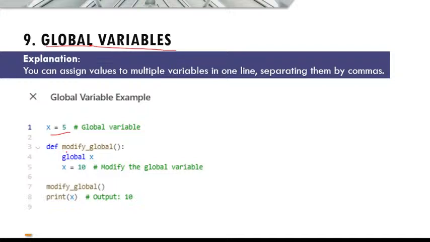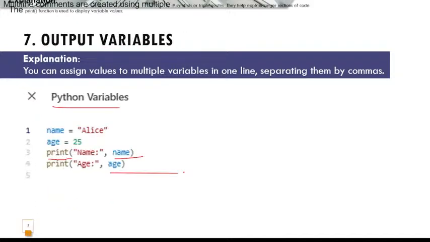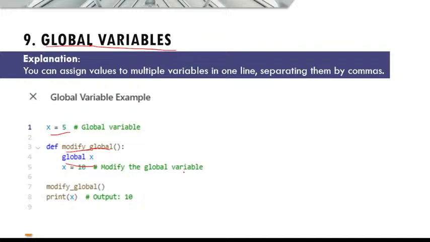Now modify_global is a function that we call, and the function definition will come in the list, either at the end or within it, so don't worry. We are going to tell you about functions soon in this same PPT. Now you can call it with global x is equal to 10. We have modified the global variable, call modify_global, and then print x gives the output 10.